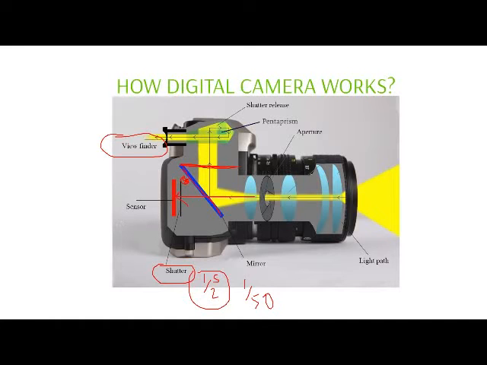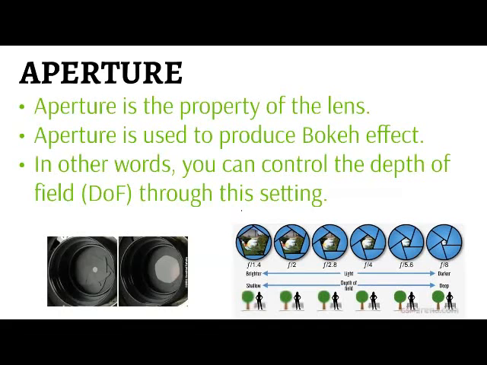Okay, next up is aperture. Let's discuss it in a bit more detail, because it's not only the light which is controlled by the aperture. There are a few other things as well. In the picture at the bottom left, these are the blades. When you set the f-stop values, which is the aperture, these blades either come together or move far apart from each other.